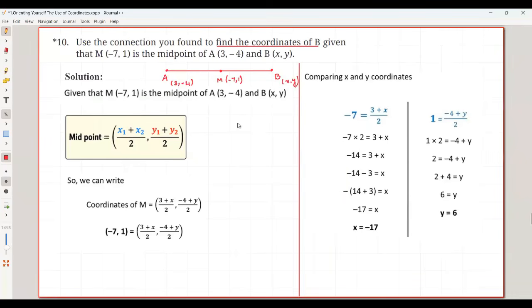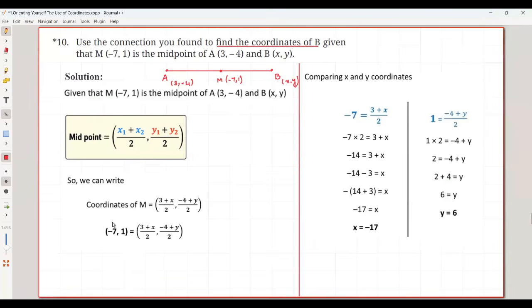Anyway, we are going to use the midpoint formula: x1 plus x2 by 2 comma y1 plus y2 by 2, the coordinate of M. The midpoint is given as minus 7 comma 1, which is equal to x1 plus x2 by 2 comma y1 plus y2 by 2.